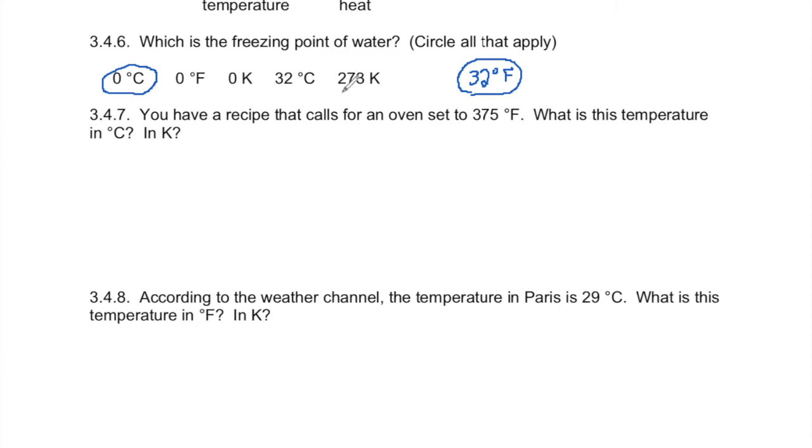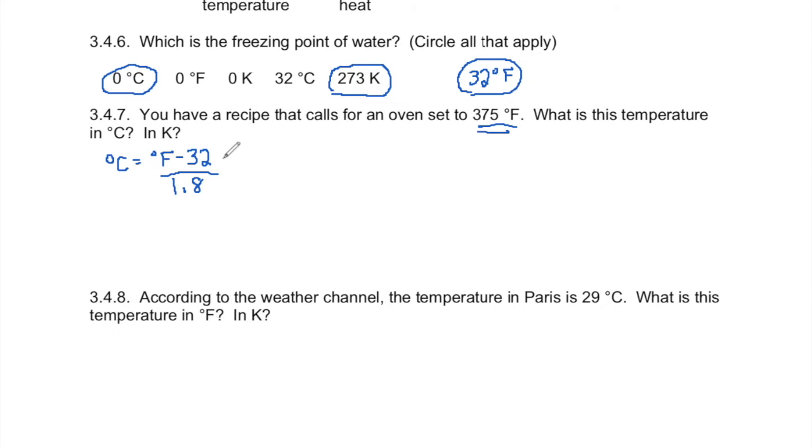Also, 0 degrees Celsius is about 273 Kelvin. So these two would be the freezing point of water in Celsius and Kelvin. This is in Fahrenheit.